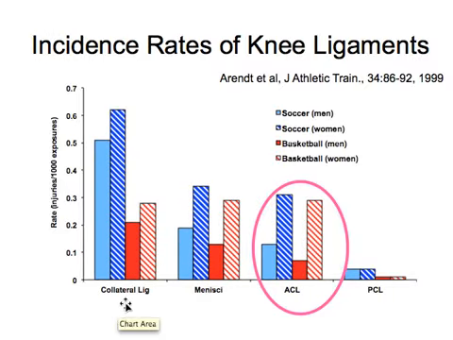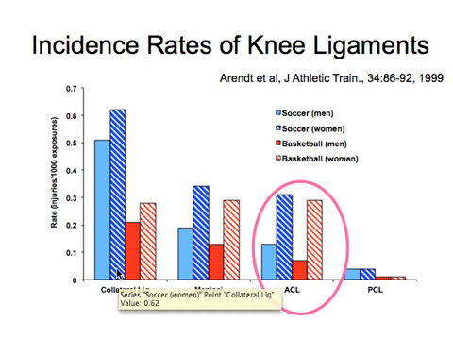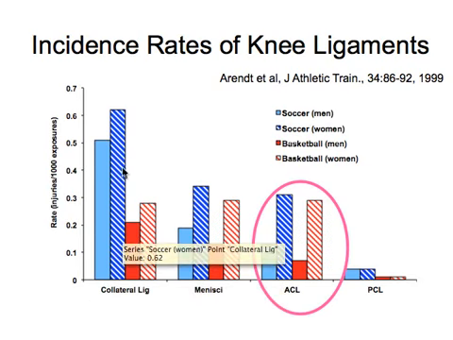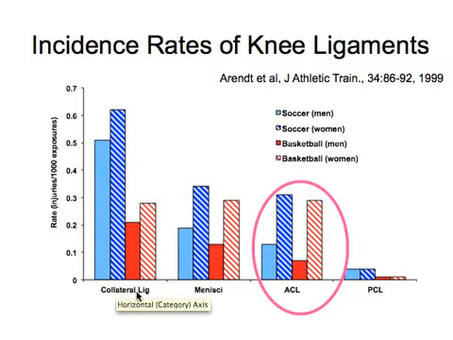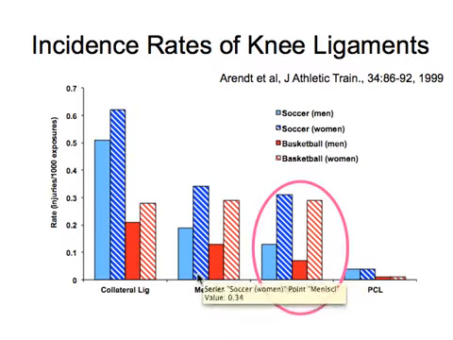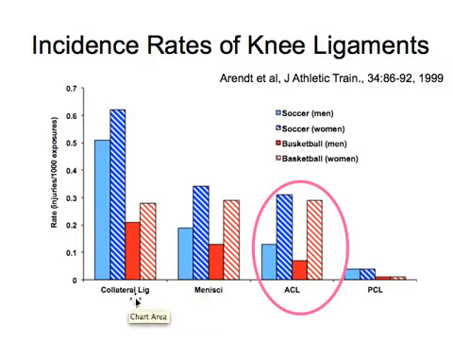So we can see the collateral ligament here. Medial and lateral collateral ligaments are the most frequently injured in soccer, and of any of the other ligaments really. In basketball, it's a little less common, but then essentially the menisci are next, and they're about even.